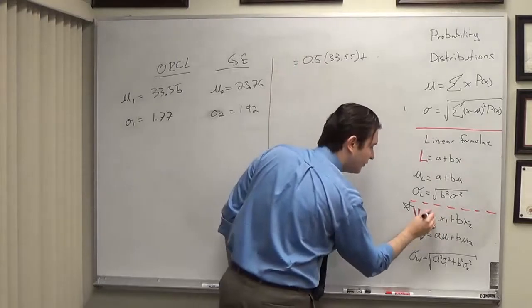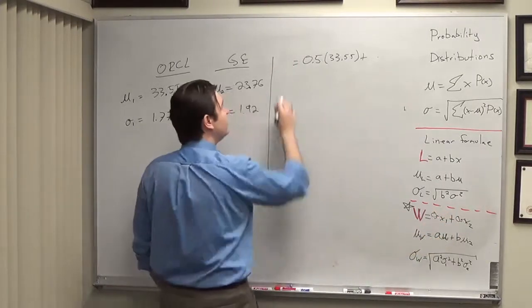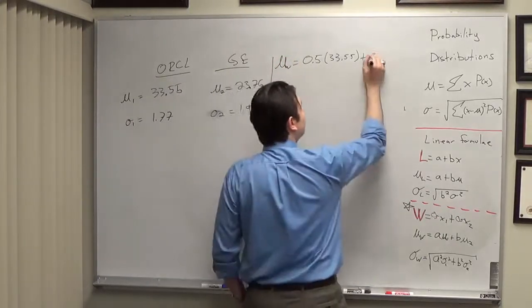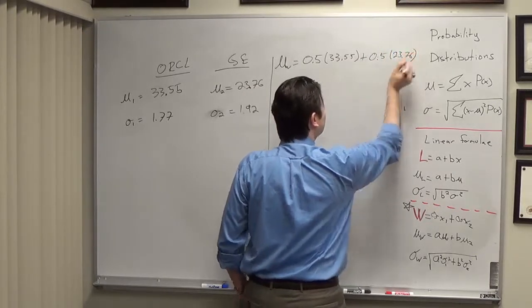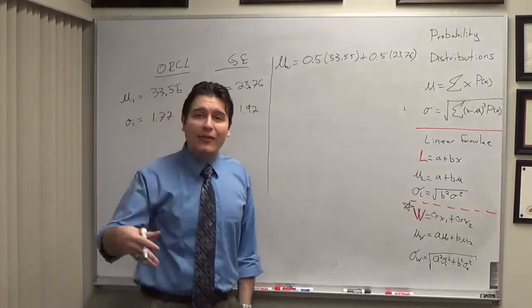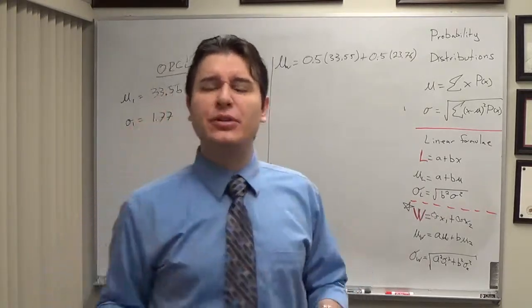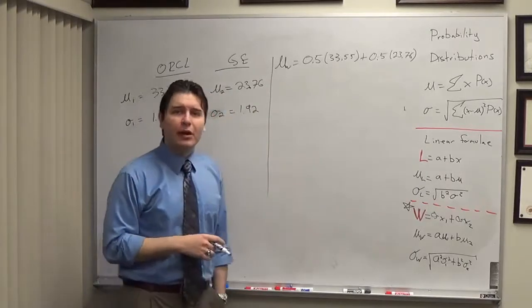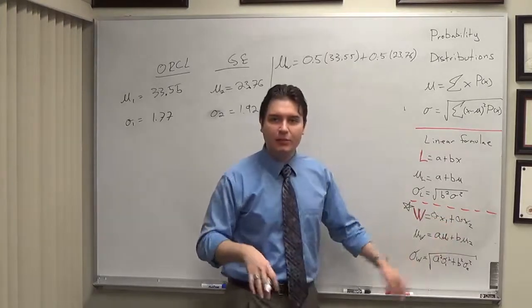I'm doing a 0.5 here and 0.5 here. So I'll take half of one and half of the other and add that together, and that would be my average price for this now hybrid portfolio that I've created. And that's not very interesting to calculate, perhaps. It's just exactly the same as the original formula. You just plug in 0.5s there.